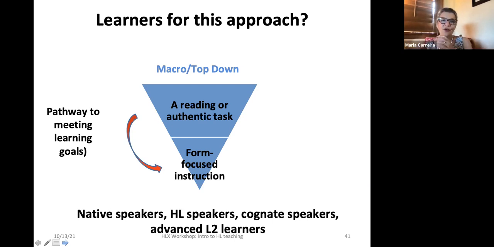Those are cognates because they're not quite HL speakers of the target language, but they bring a lot of knowledge to the classroom, right? If you're teaching Spanish, Portuguese speakers and maybe Italian speakers can be your cognate speakers because they start out with a lot of vocabulary, right? Advanced L2 learners, right? Think of a literature class. You start out reading the novel, right?